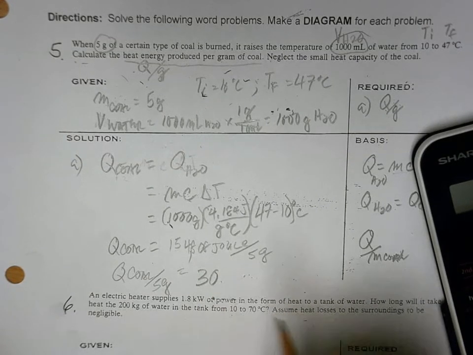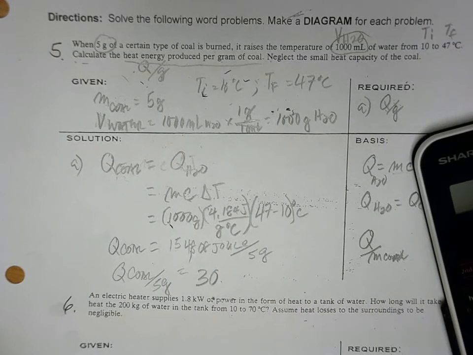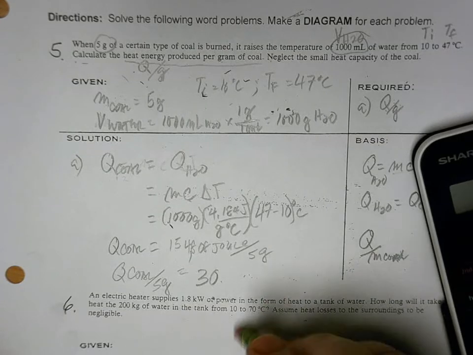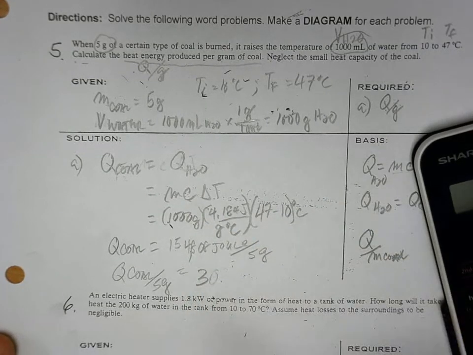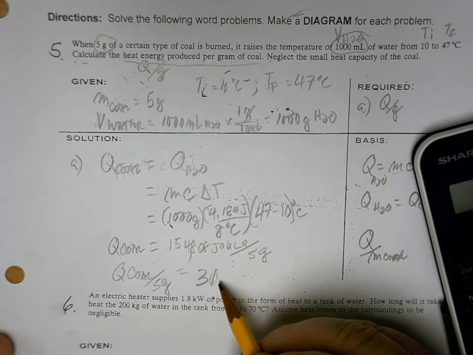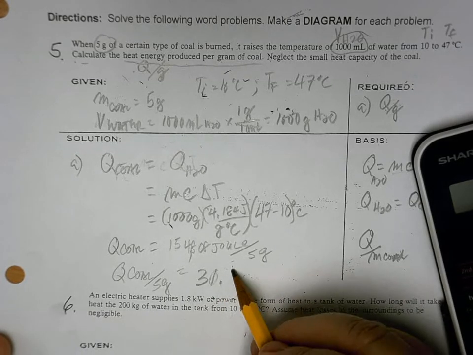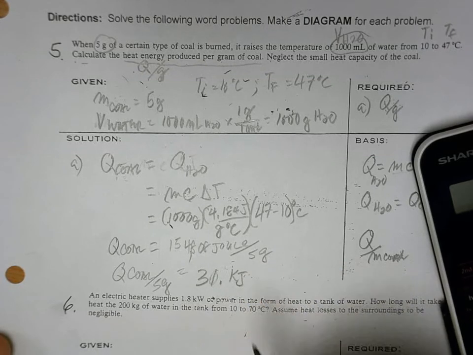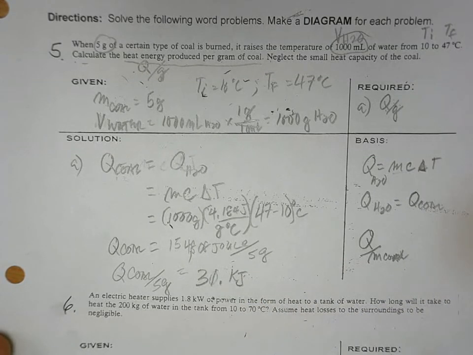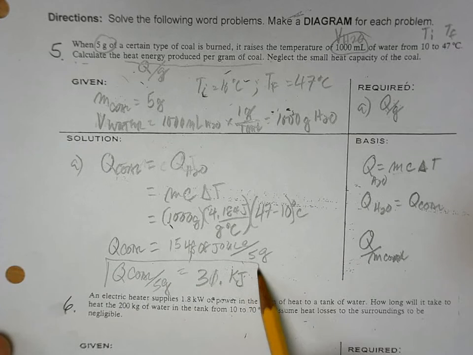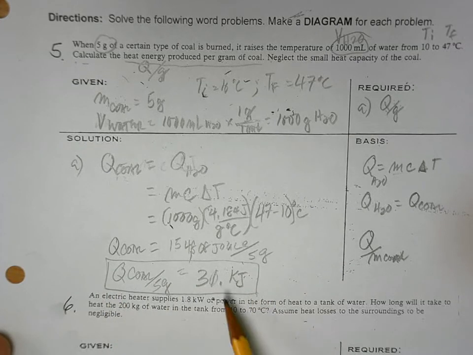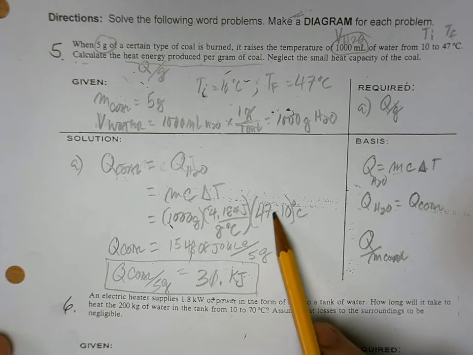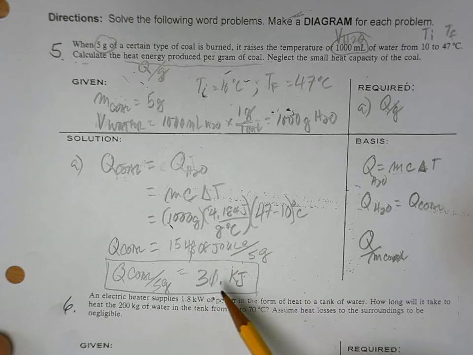Significant figures, I would say 31, right? 31,000 joules or kilojoules. Okay, and so that's the answer. And the reason is because your temperature is only two significant figures, so you should really keep it within that range.